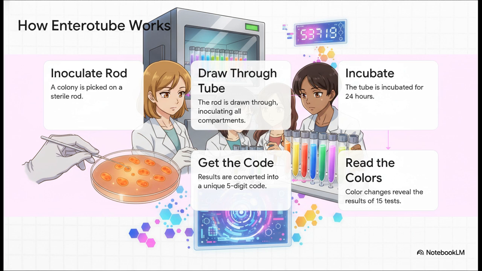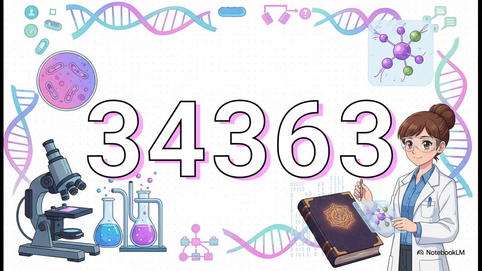Then, you group the results and they get converted into a unique code. So this combination of positive and negative results generates a unique 5-digit number. You just look that number up in a code book, and bam, you have your ID. In this case, the code 34363 tells the microbiologist that their culprit is Klebsiella pneumoniae, a pathogen that can cause things like pneumonia. The case is solved.